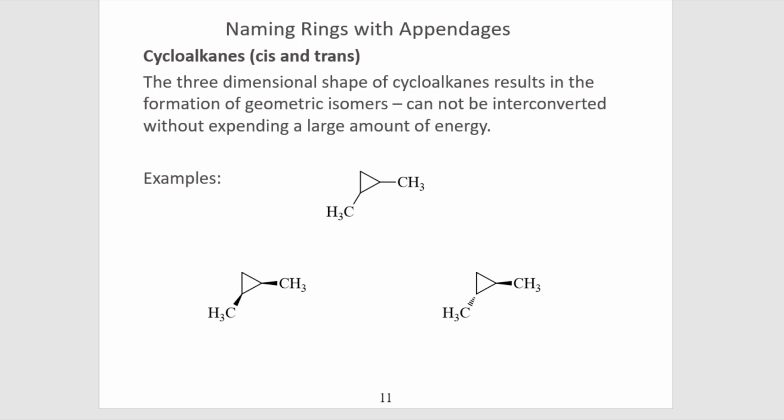Sometimes when you have appendages, you're going to see a three-dimensional difference between dangling appendages. We're going to talk a lot more about this in chapter 5, but I'm going to introduce the concept here. So if you have an example, 1, 2, 3, this is cyclopropane, and there's a 1-methyl, and there's a 2-methyl.